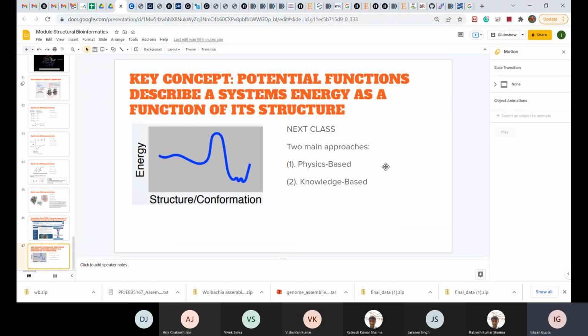Okay, so in the next class, given that we have some basic idea of how you can look at proteins and how their structures can be understood, I'm going to talk about how different potential functions can be used to describe the energy of a protein structure. There are two main ideas: you can either use physics or you can use prior knowledge. When we talk about physics, it would be information about how bonds work, how bonds can be stretched, how they can be rotated.